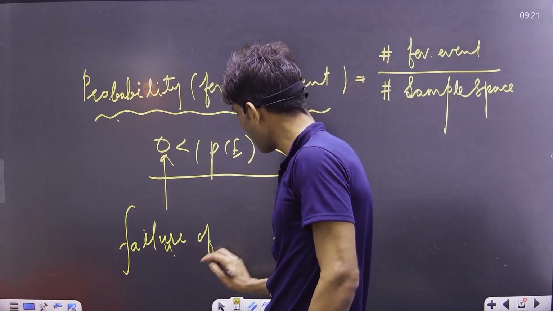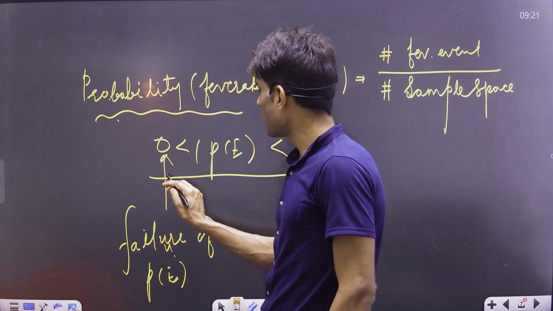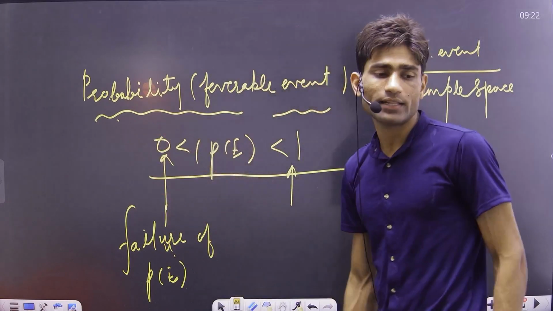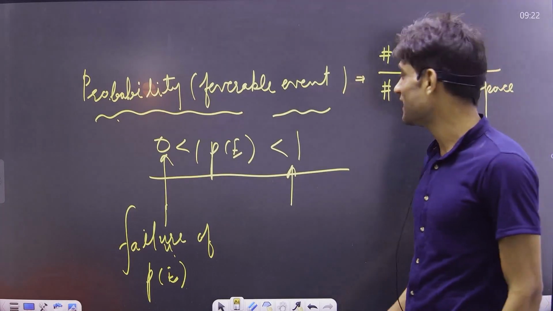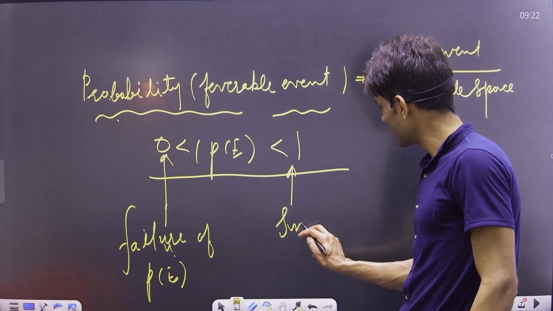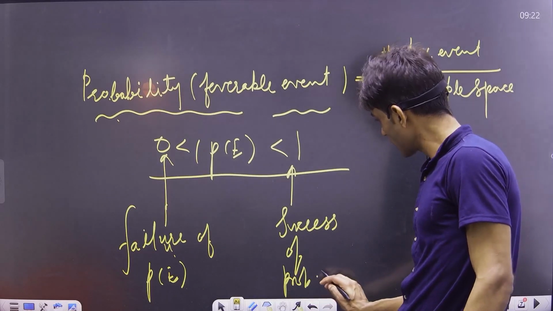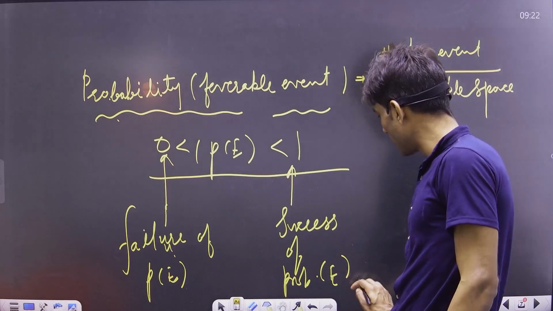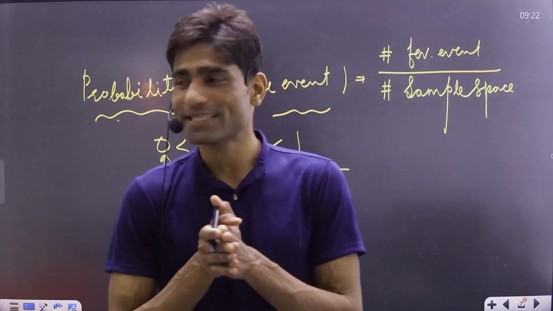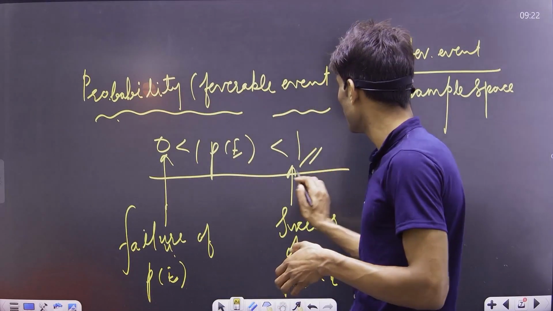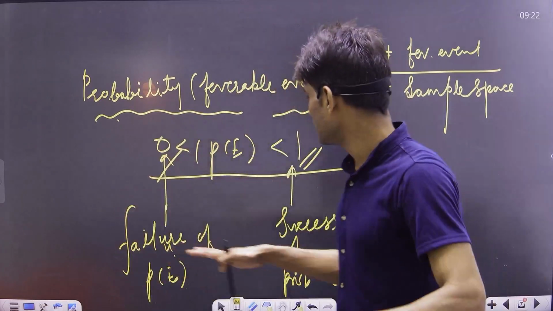Failure of probability of E defines the value 0, and success of probability of E is defined as 1, and failure is 0. Those are the concepts here.